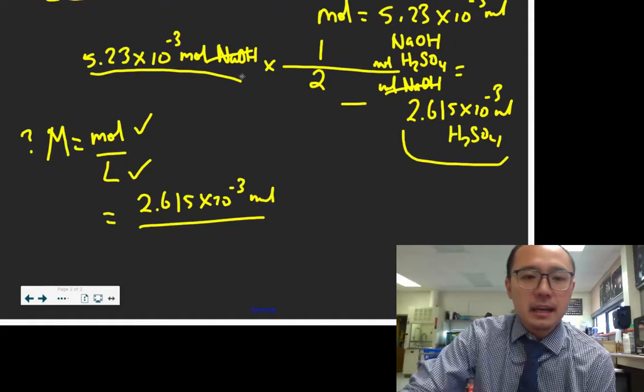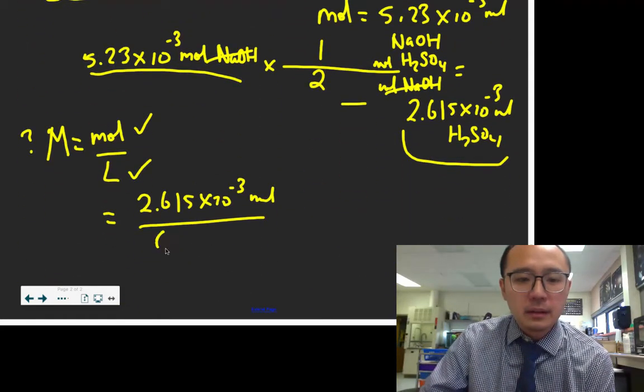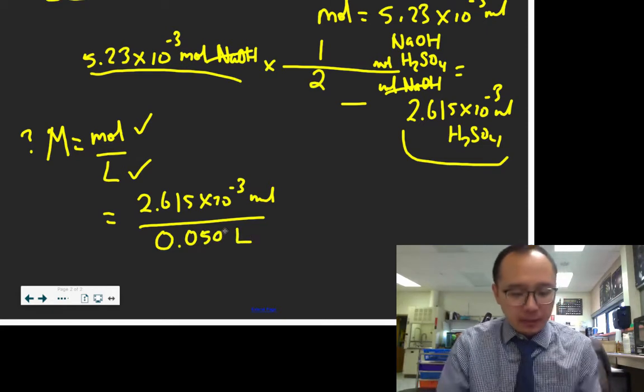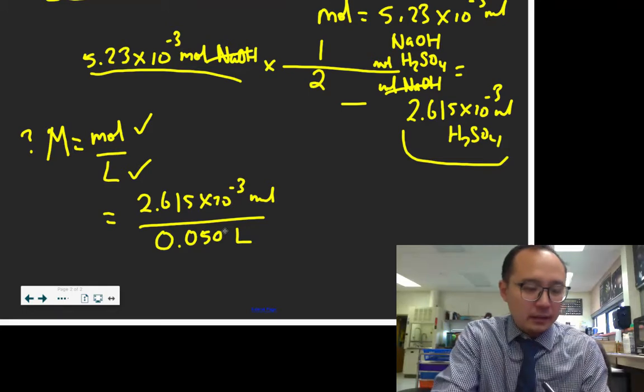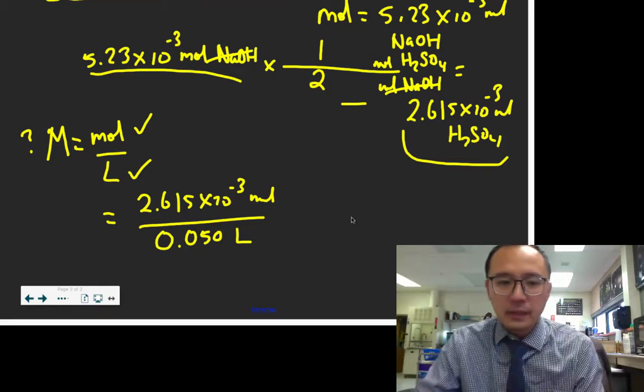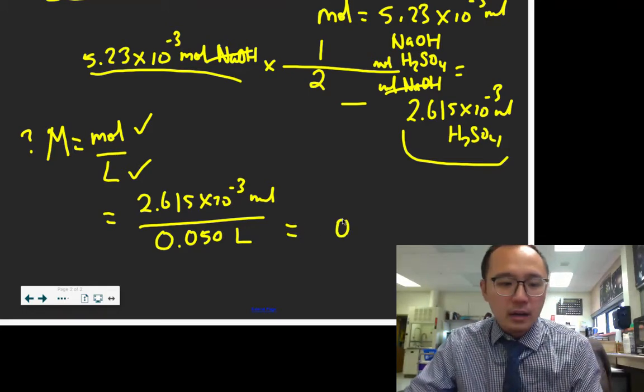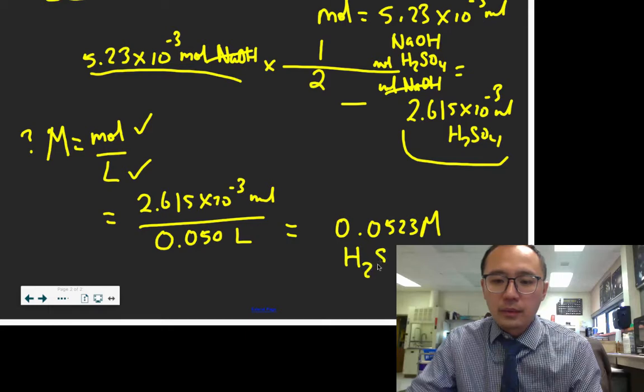If I convert this to liters, it's 0.050 liters. Punch all this in, divide, and finally I get a final concentration of 0.0523 molar. So what does this number mean, and does it make sense?